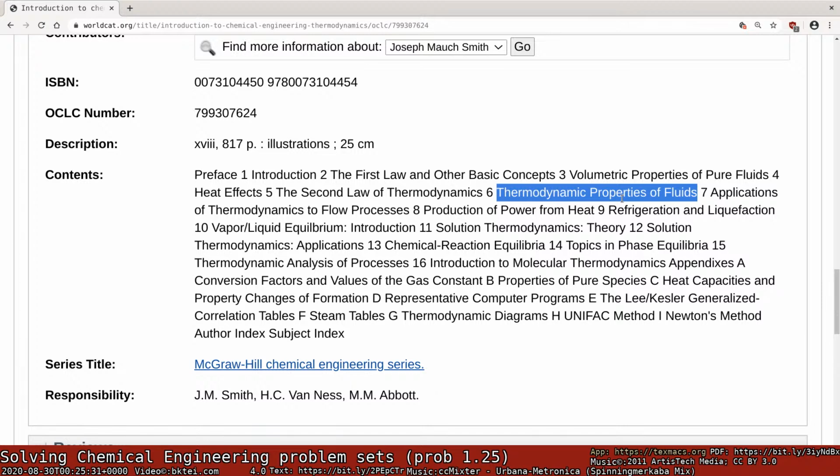Okay, that sounds familiar. Okay, residual properties from the virial equations of state. These are more closed empirical methods for determining thermodynamic properties like enthalpy and entropy.